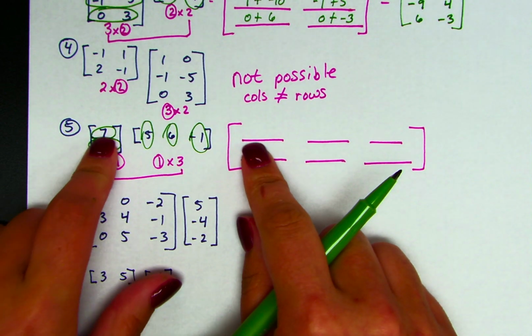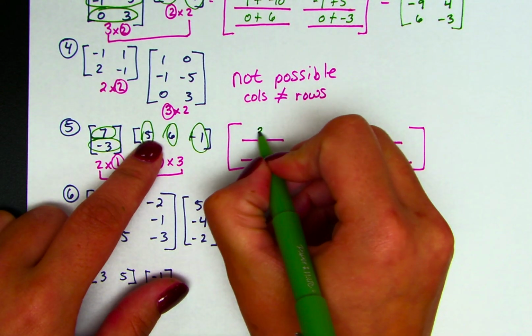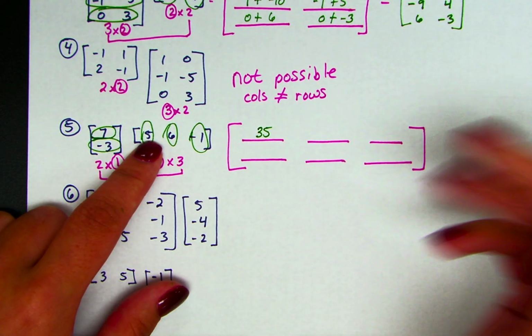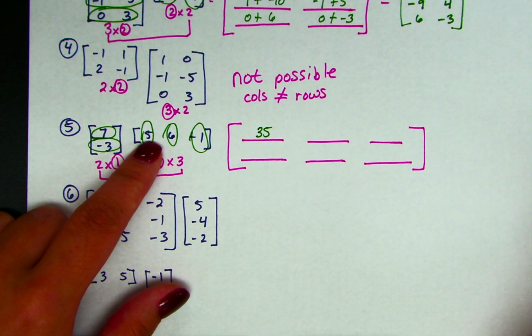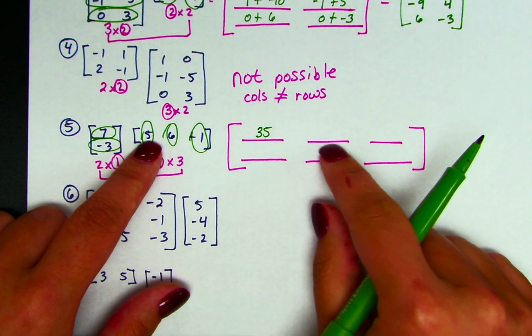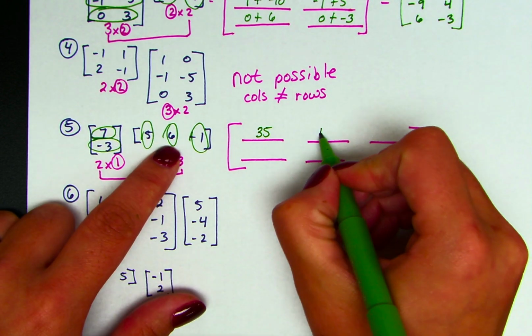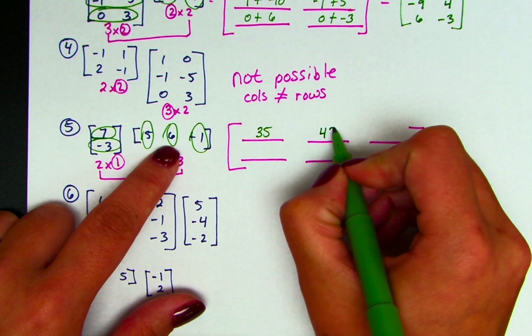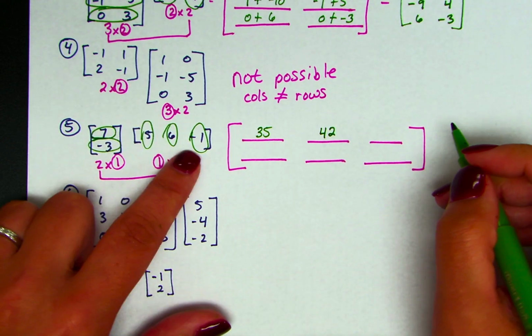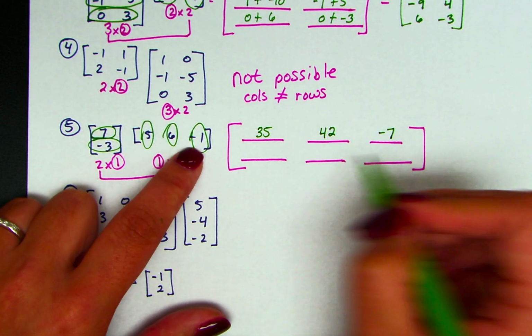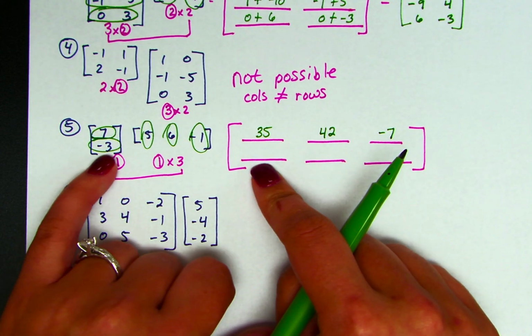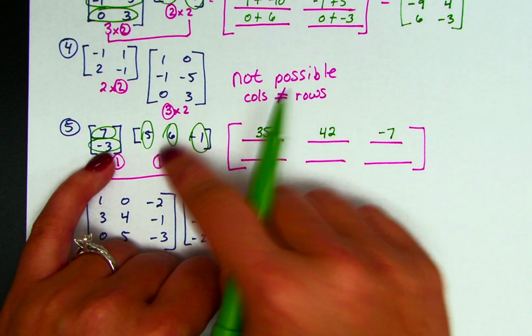So I'm taking 7 times 5, so that will give me 35. And then because I don't have a second pair, that means that we're not going to have any addition. Okay, so first row, second column. So 7 times 6 is 42. 7 times negative 1 is negative 7. And then now I'm in my second row, so I'm using negative 3 back to my first column.